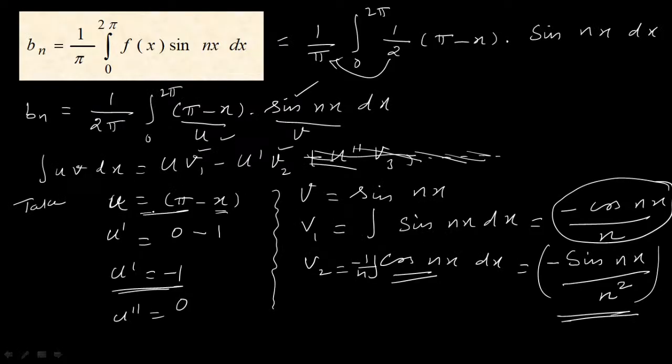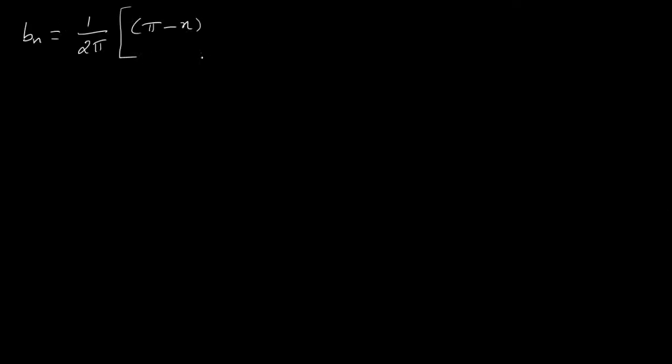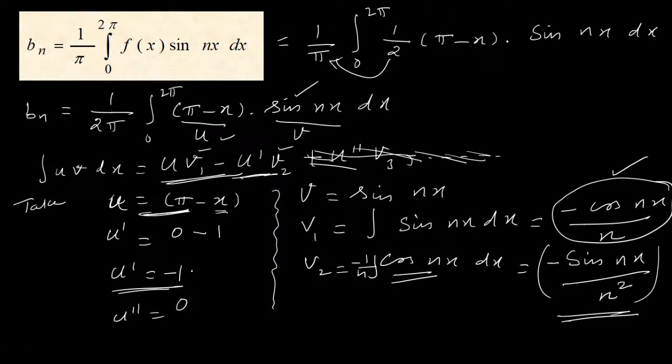So our bn is equal to 1 by 2 pi of u v1 minus u dash v2. u is pi minus x and v1 is minus cos nx divided by n. u dash value is minus 1, and v2 is minus sin nx divided by n square.